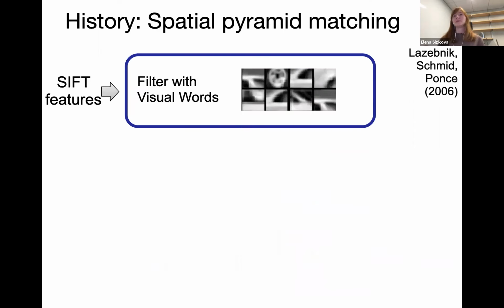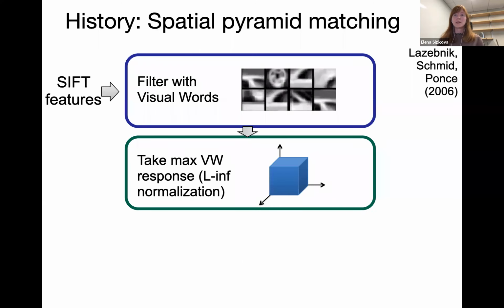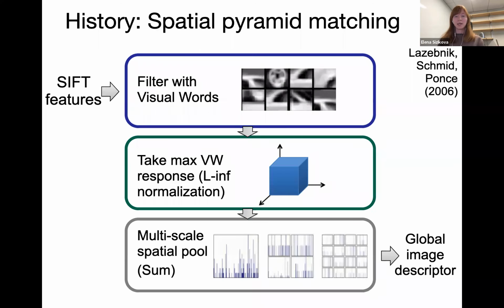We can have these visual words, take the maximum response, apply some pooling, and obtain again an image descriptor. All of these different types of descriptors, neural networks or these so-called handcrafted methods, are ways to represent the image content. That's why we call them image descriptors.